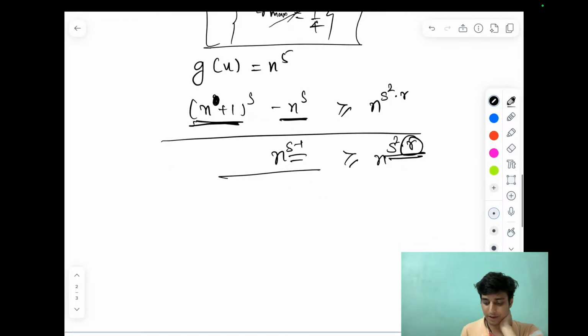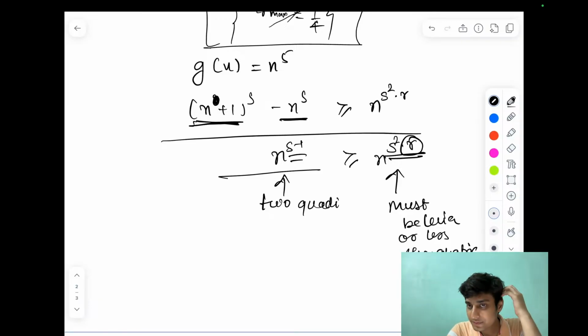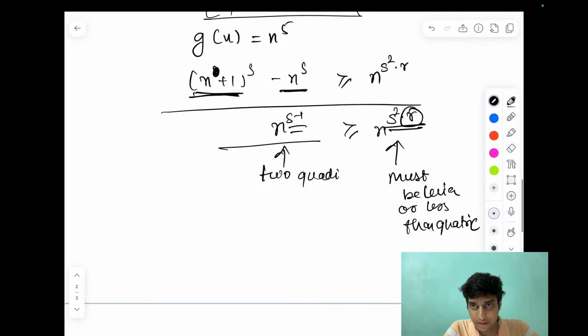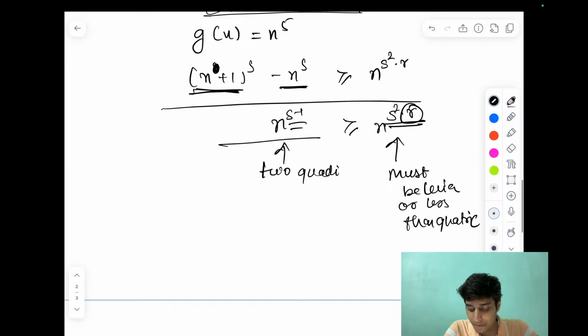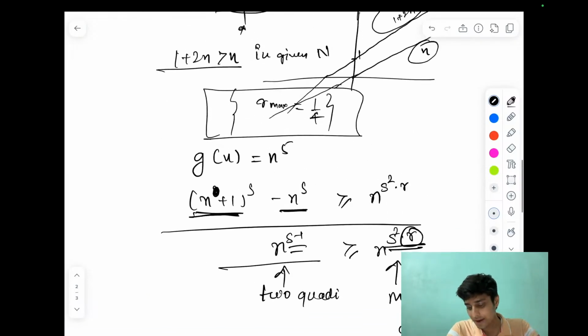Meaning if there are two quadratics, then if this side is quadratic, it must be linear or less than quadratic. Then only this condition will hold true. Otherwise, this condition would go false. So for such a condition, we have to check what the maximum r can be. I don't think it would go beyond 1 by 4. I can have a reason for this.